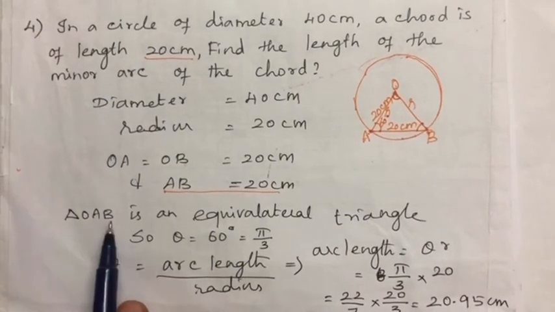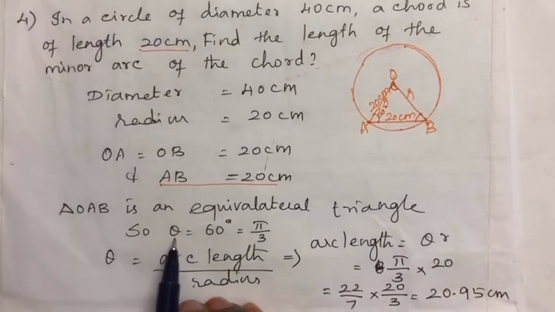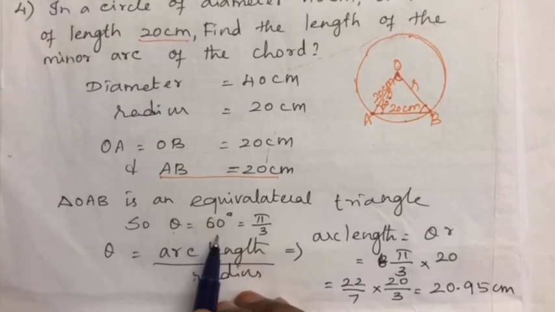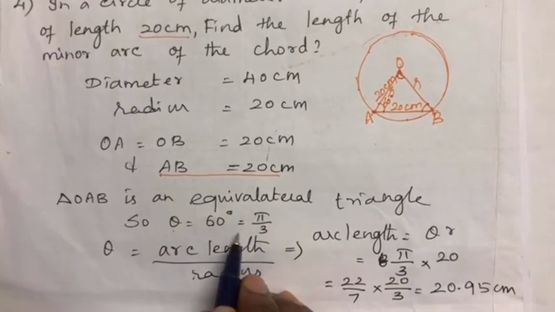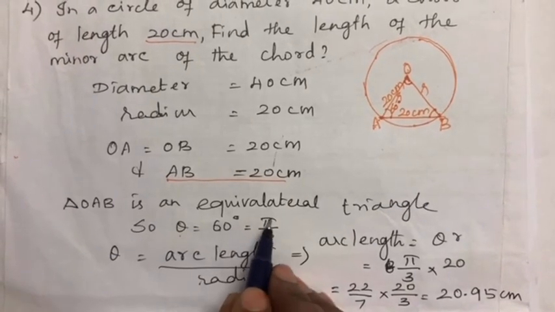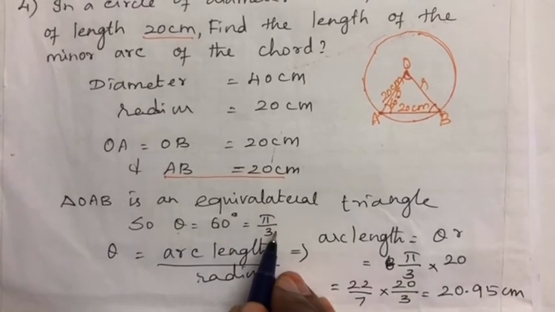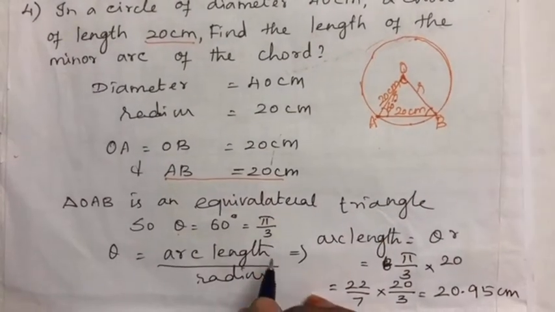So, triangle OAB is an equilateral triangle. So, theta is equal to 60 degrees. We have to write it in radians, right? If you convert 60 into radians, you get pi by 3. What we have to find? We have to find the length of the arc.